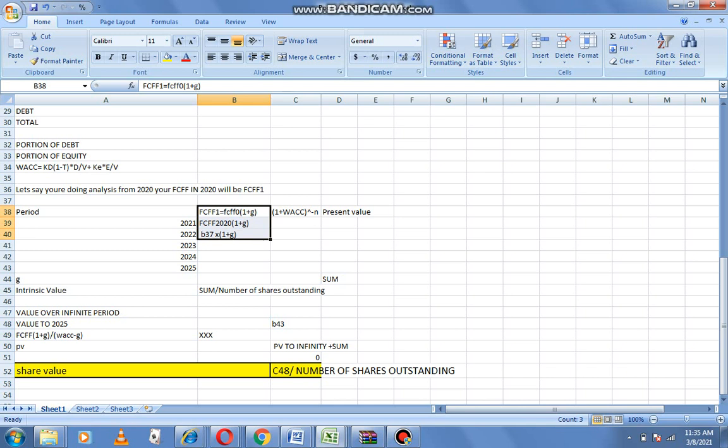We have said we are starting our analysis from 2020. You take that value that you got for FCFF 2020, times 1 plus G. You get the answer here. When you move to 2022, you'll take the FCFF of 2021, and then you grow it by 1 plus G, and so forth until you reach 2025.